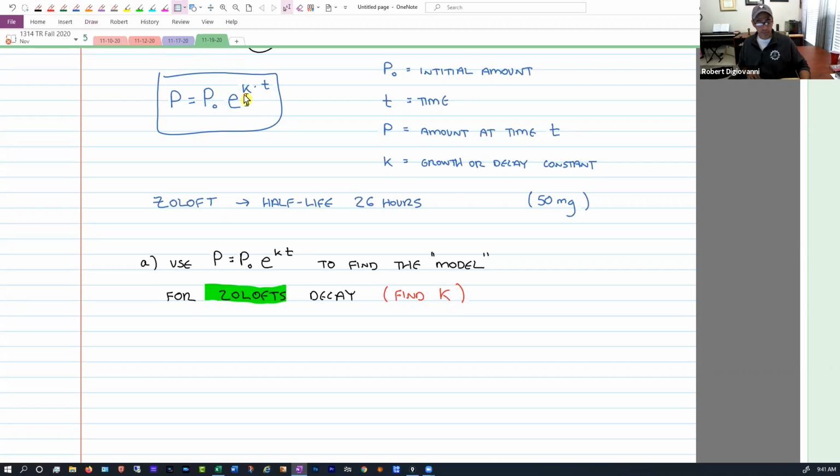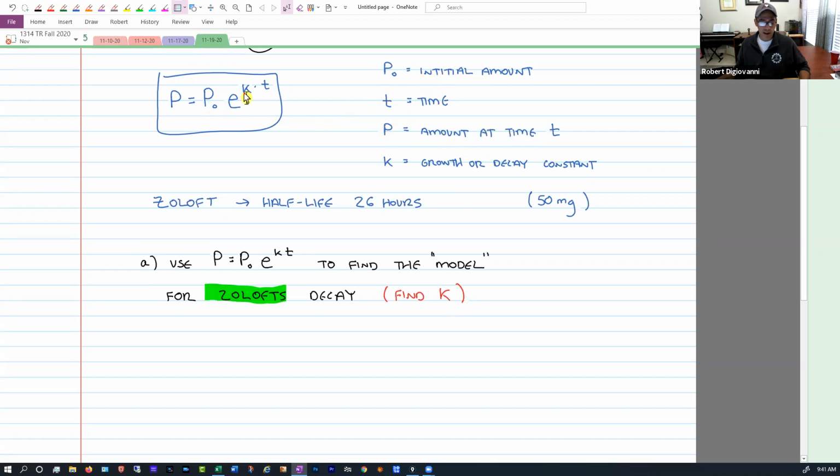So here's how I do it. Remember, P on the left side is the amount of Zoloft that's in the person's body at some specific point in time. P0 is the initial amount, okay?